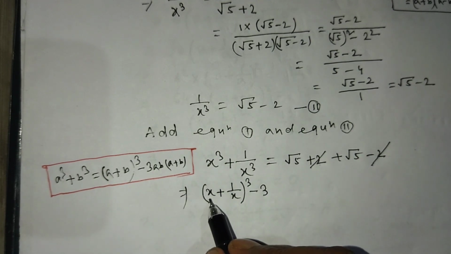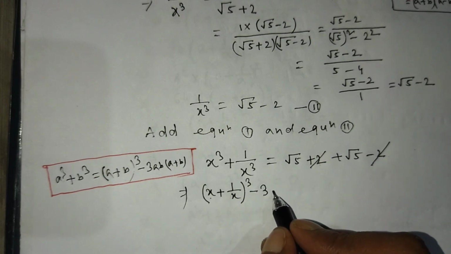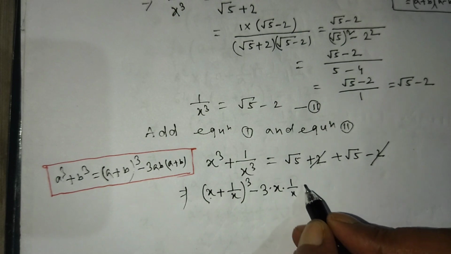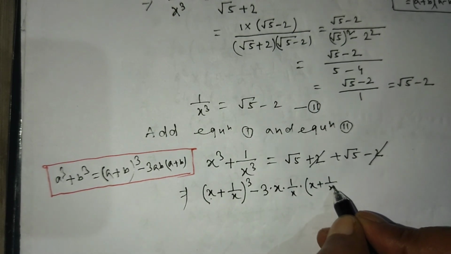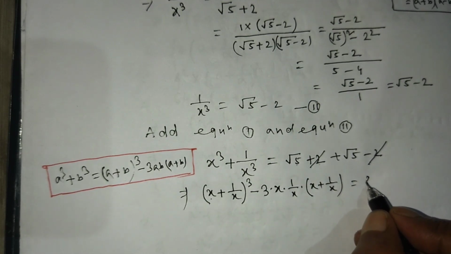In the place of a is x and in the place of b is 1 by x. So we write 3 into x into 1 by x into x plus 1 by x is equal to root 5 plus root 5. That means we write 2 root 5.